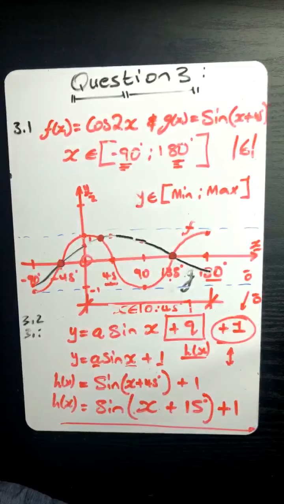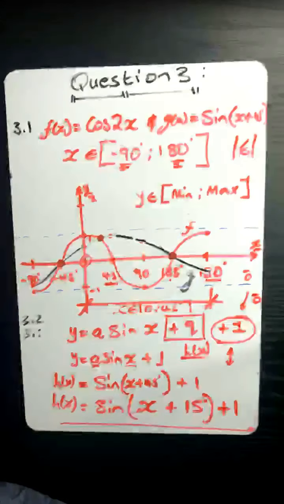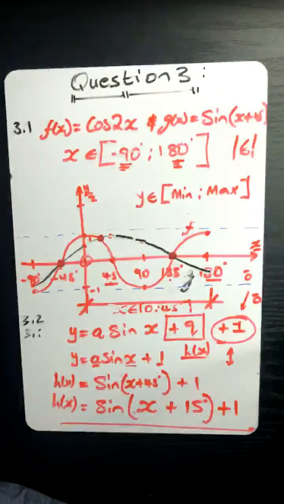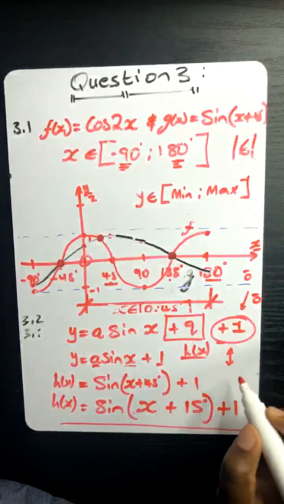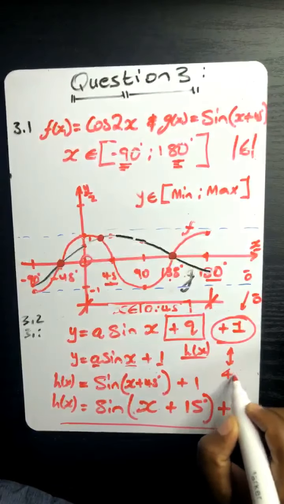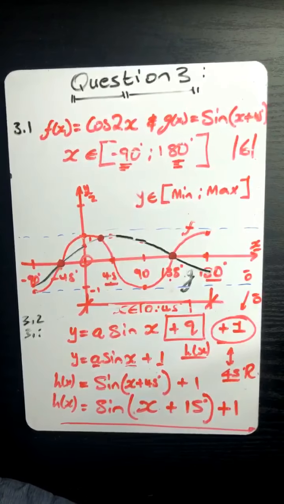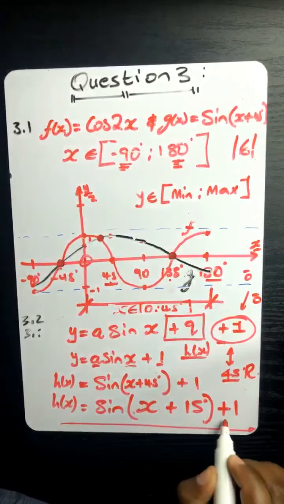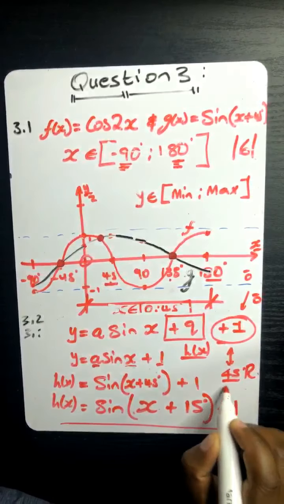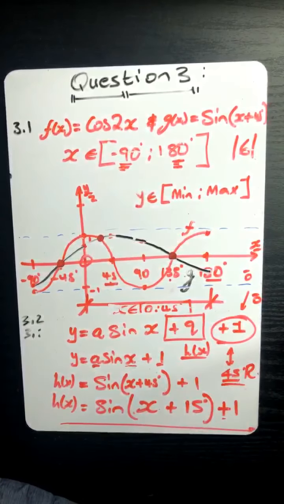Does it now make sense? Yes. Okay, let's say it shifted by 45 units to the right. How was it going to look? Still shifted 1 unit up and then 45 degrees to the right. What was going to be h of x for that change?